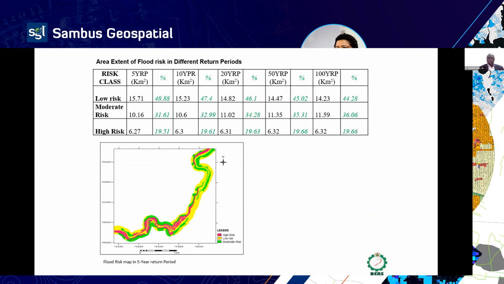Put together, then using also the probable maximum statistical analysis, adding this together to come up with 5-year, 10-year, and 100-year return periods to show the extent of flows. And the flow ranking was also used to show areas of low risk, moderate risk, and high risk.